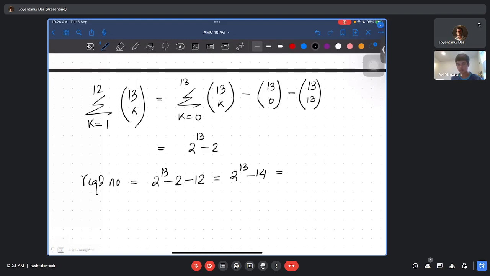So now you have to compute 2 power 13. What is that 2 power 13? I think 4096.